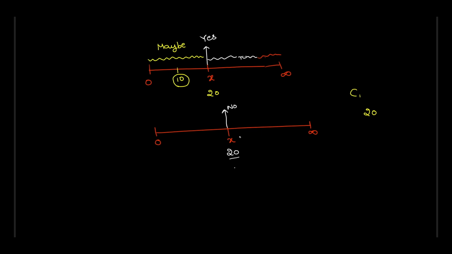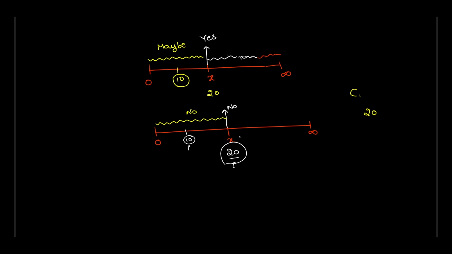So if there is no configuration where you can achieve every element less than 20, is there a configuration where you can achieve every element less than 10? It is impossible, because if you can achieve that configuration, why can't you reuse that configuration when I ask you this question? So this means that if this answer is no, then this entire left hand side will also respond no. No need to check it explicitly.